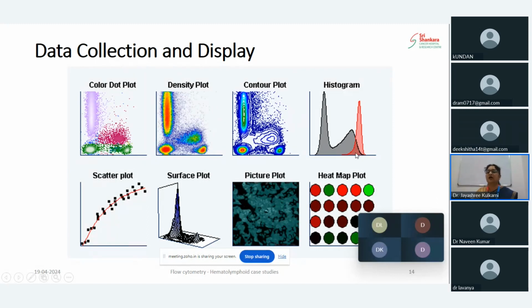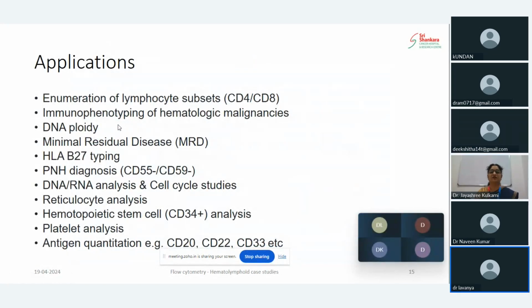Just to see how broad, how wide your single cell is, whether all of them are of the same size or they are varying in their size, you will be able to appreciate in a histogram. So these are the various plots which you can get the data, but invariably we use a color dot plot for our interpretation in flow cytometry.